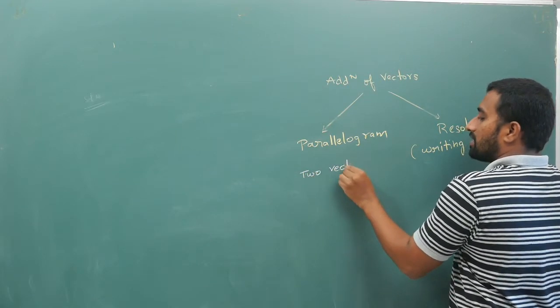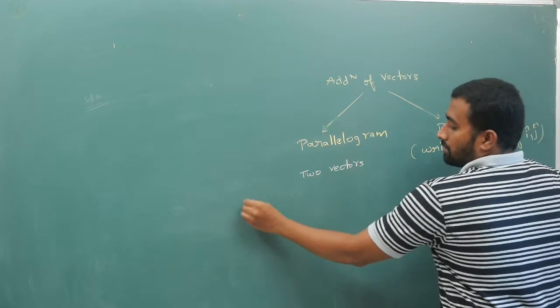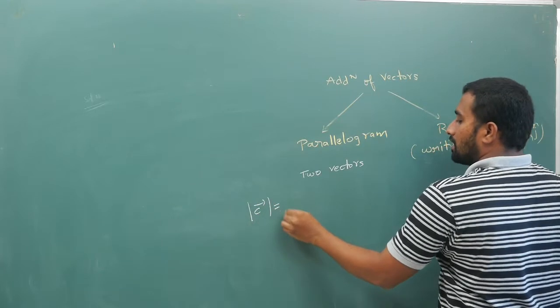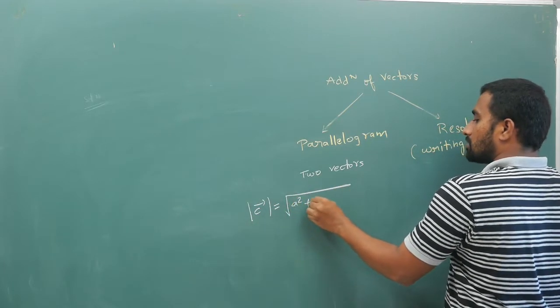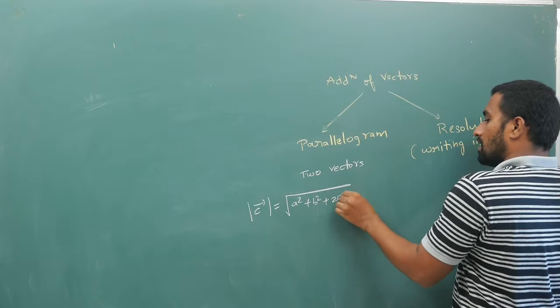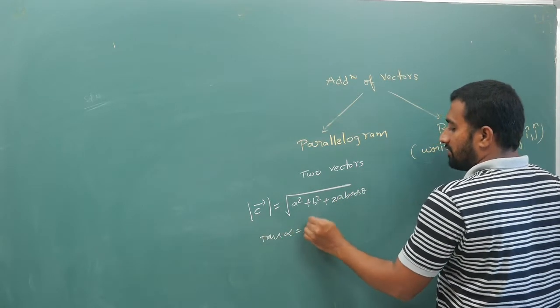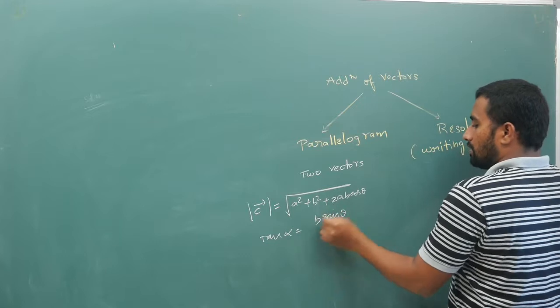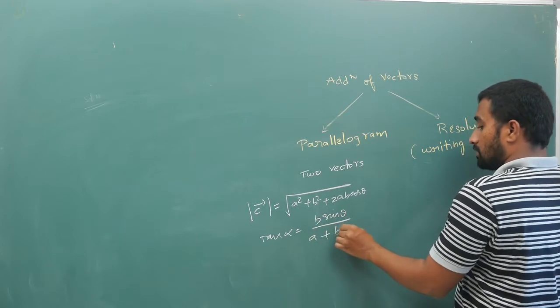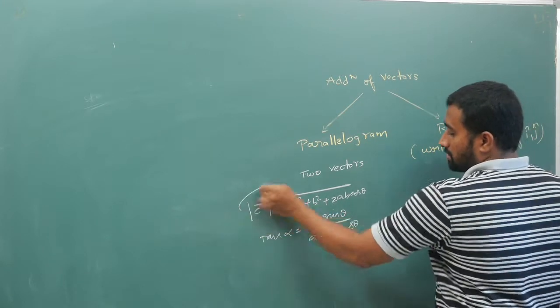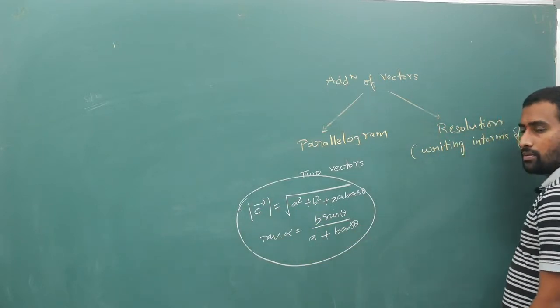For two vectors addition, your magnitude of resultant is under root a square plus b square plus 2ab cos theta, and your angle with a bar is tan alpha equal to mod b sin theta by mod a plus mod b cos theta. This is correct when you have only two vectors.